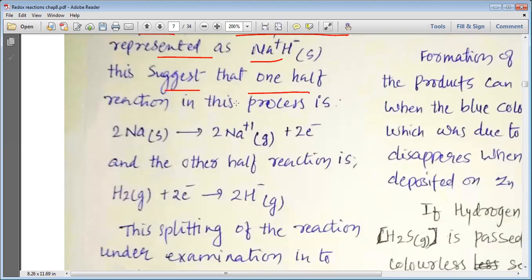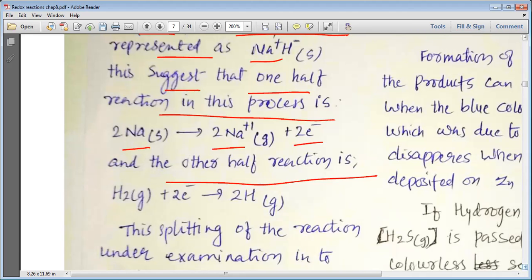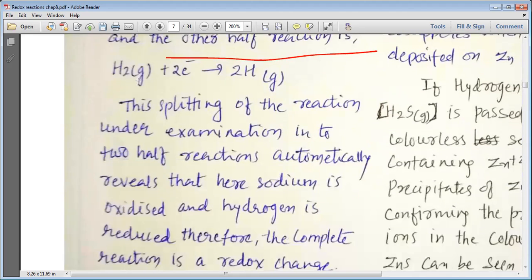This suggests that one half reaction in this process is 2Na gives 2Na+ plus 2 electrons. And the other half reaction is H2 gets 2 electrons to produce 2H-.